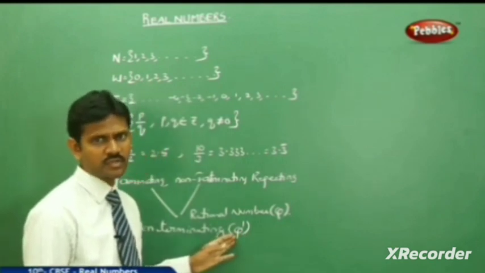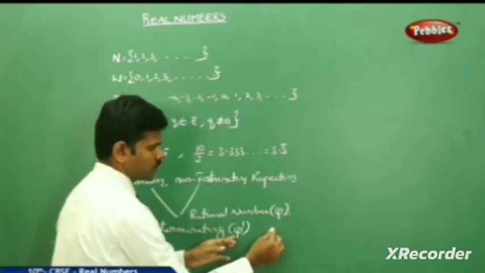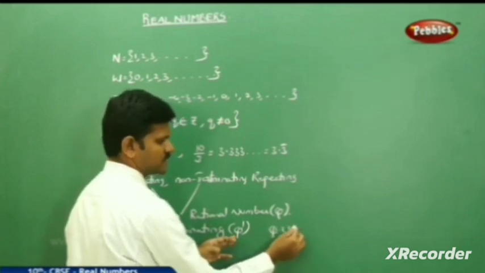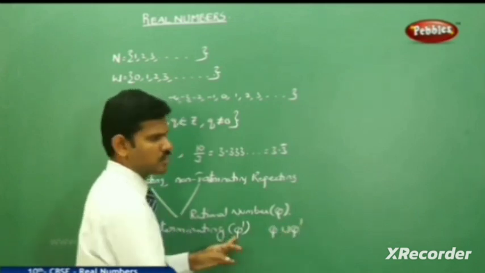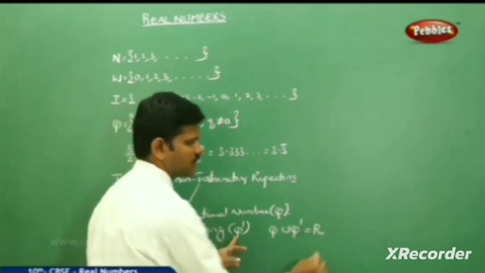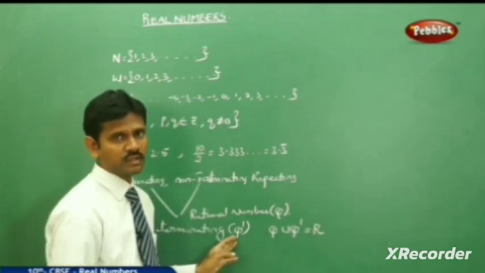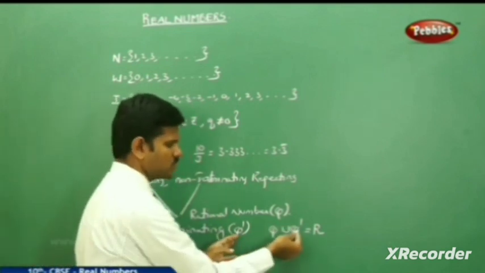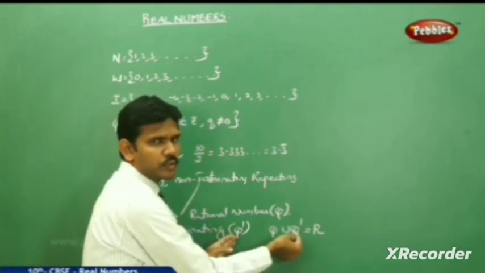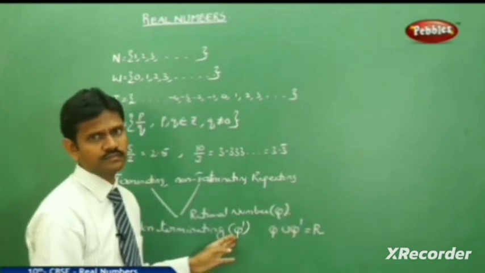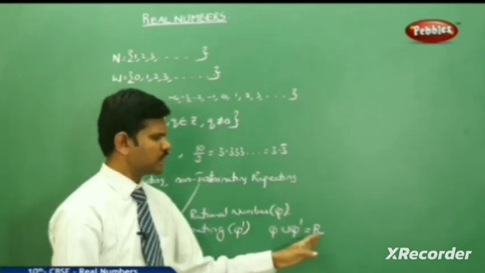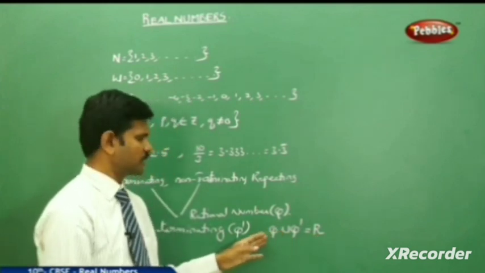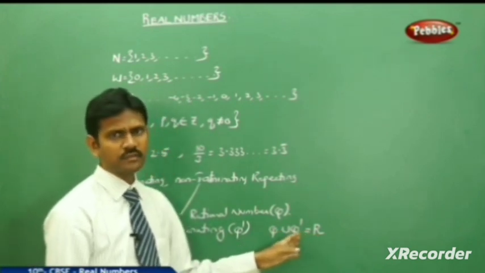Therefore, the union of rationals and irrationals we call real numbers. Some people also denote Q dash with S. Therefore, what do we understand by a real number? A real number is a combination of rational and irrational numbers.